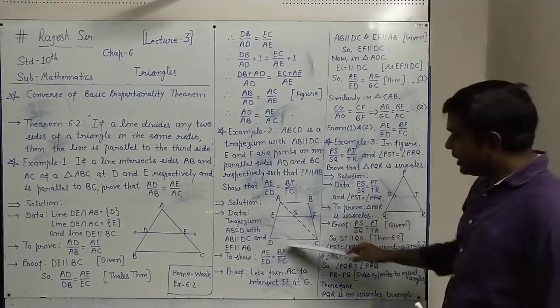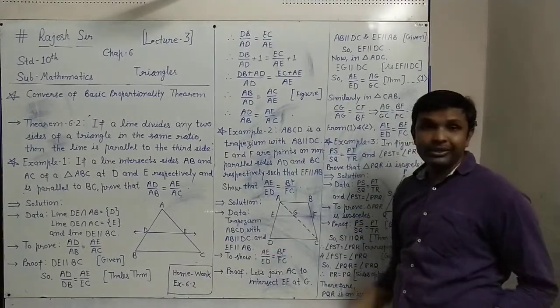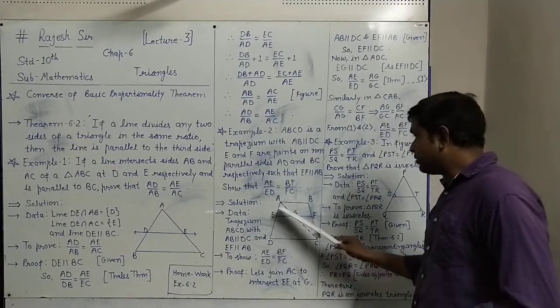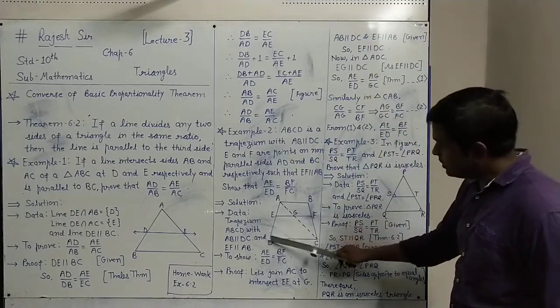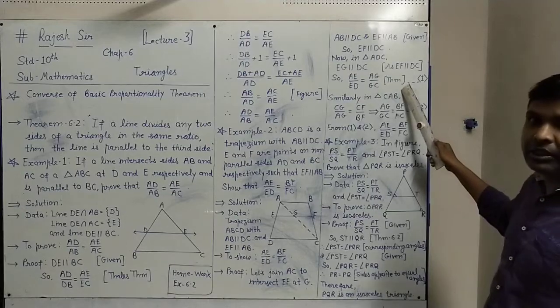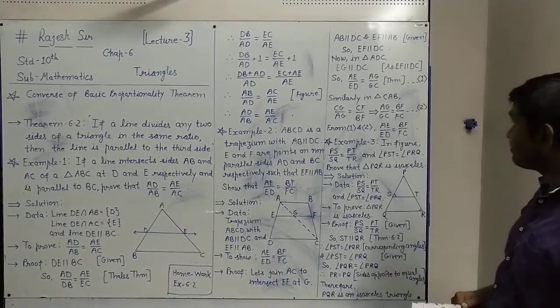So in this triangle ADC, EG is parallel to DC. We can use again the Thales theorem. Thales theorem gives AE upon ED equals AG upon GC. Theorem 6.1, or Thales theorem, or only theorem we can write. So this has result 1.